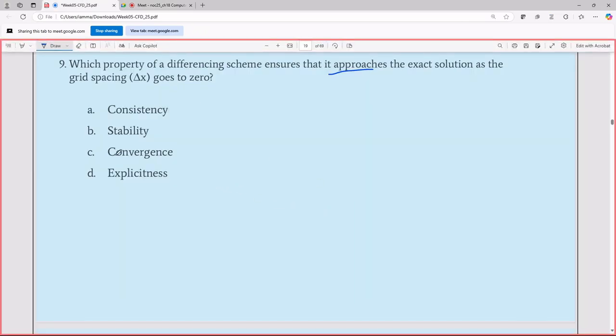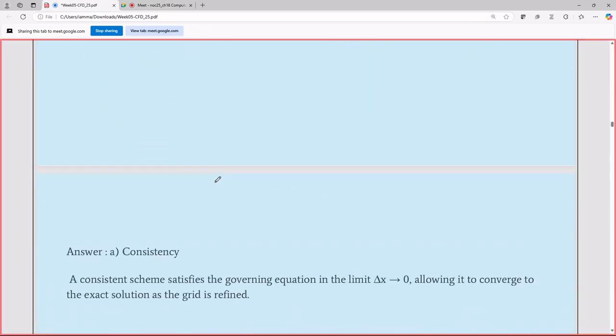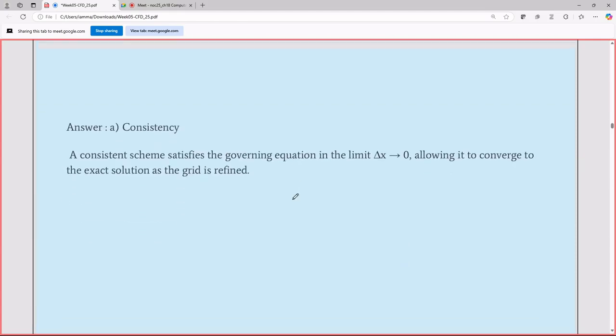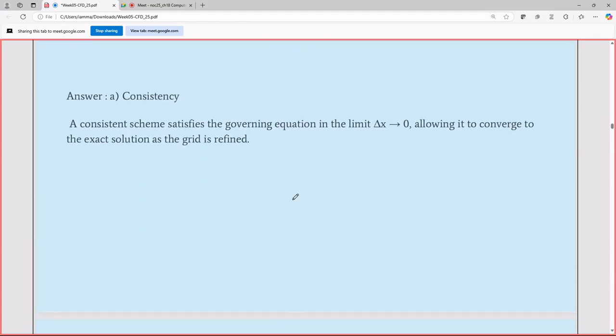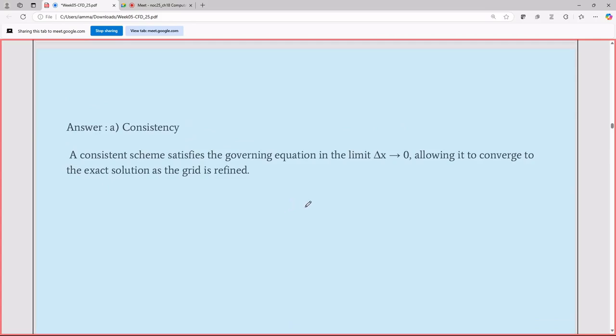The answer is option A, consistency. Consistency is the property of the differencing scheme which is satisfied when delta x, or grid spacing, tends to 0.